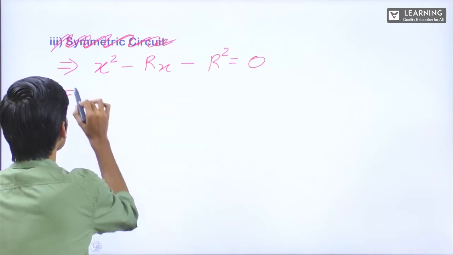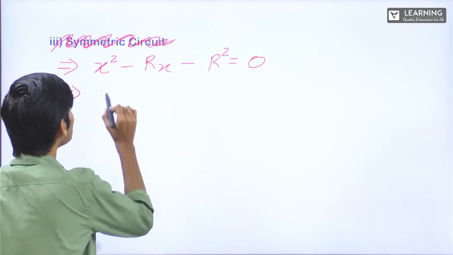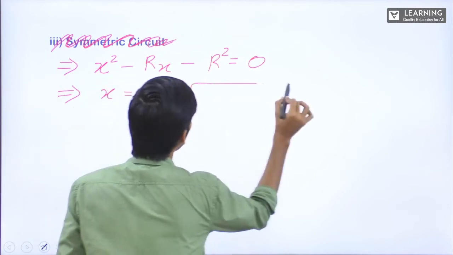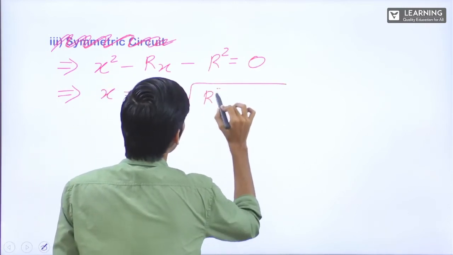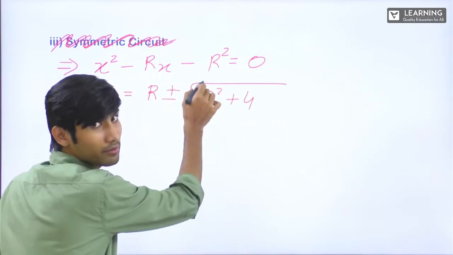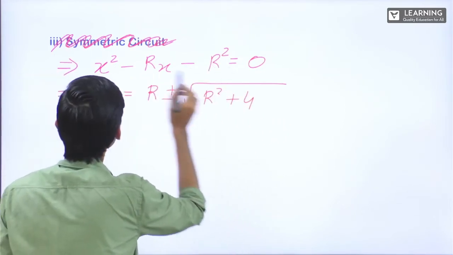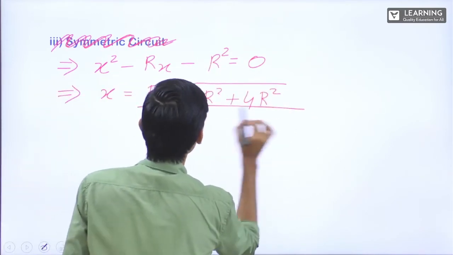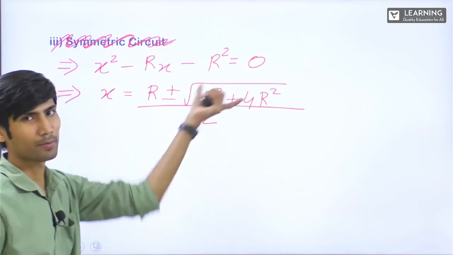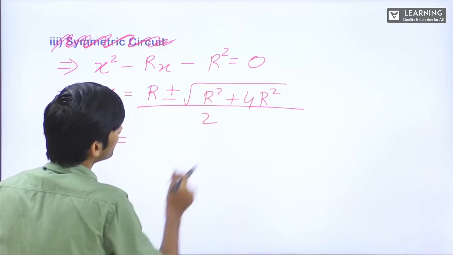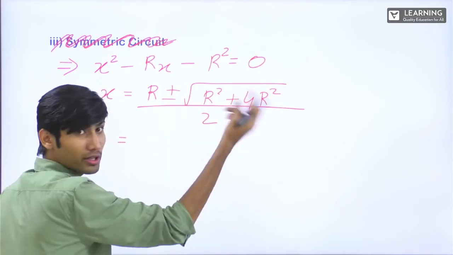So we have to solve this quadratic. x is equal to minus b plus minus root of b square minus 4AC, divided by 2. Minus means this is already minus, minus minus plus, right? 4AC: A is 1, C is R square, so 4R square. I hope you know this formula, right? So this will be 4 plus 1, 5. R square will come out.